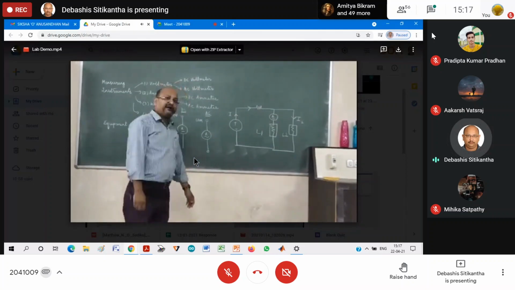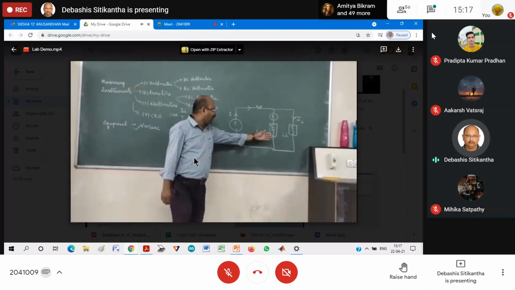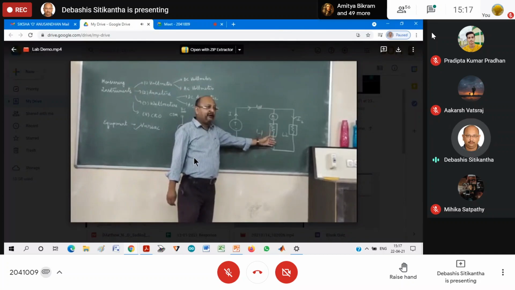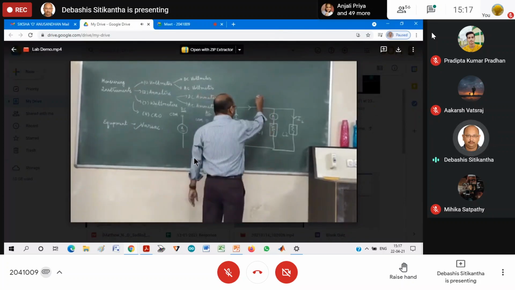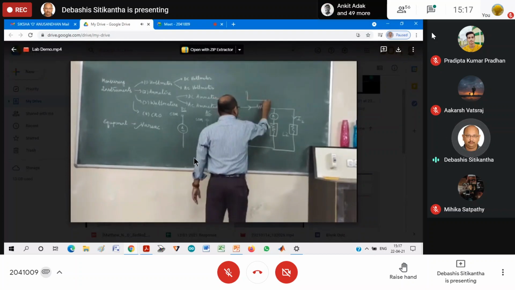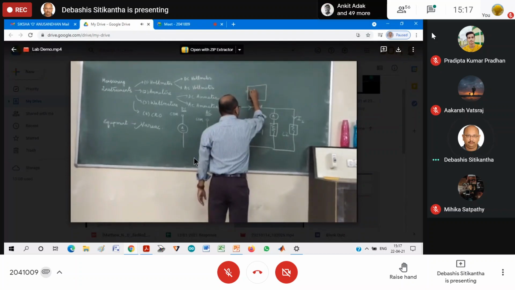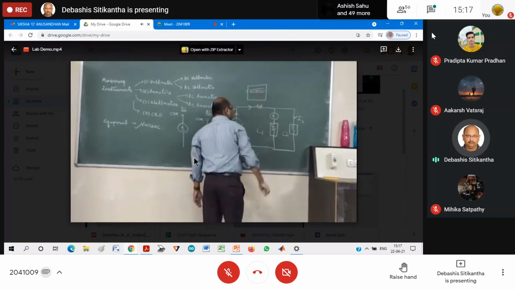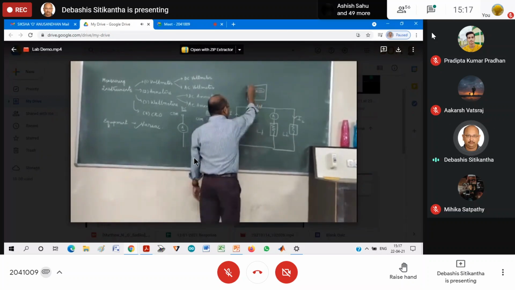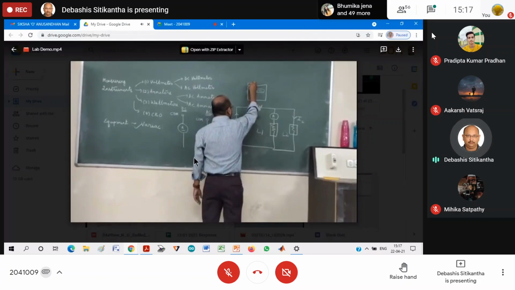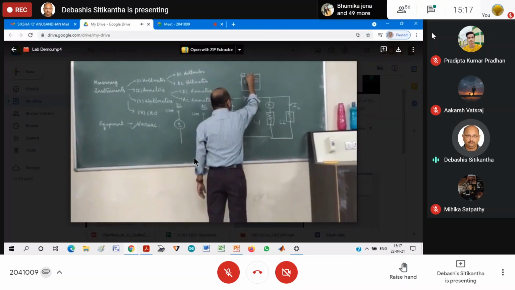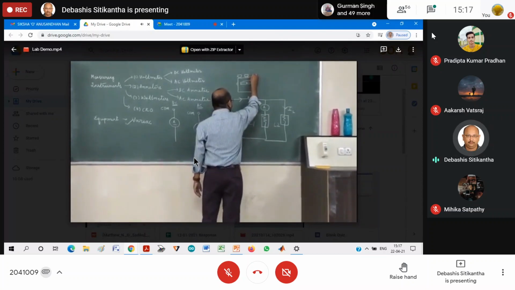Suppose I don't know the current that is being drawn by this particular load, and this ammeter has multiple ratings. This is the scale, and when the pointer moves, it usually has three knobs.